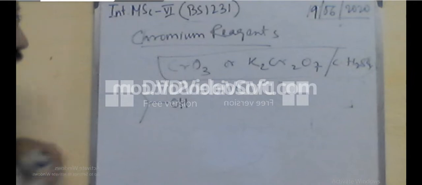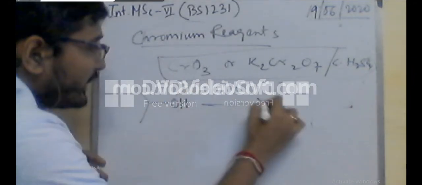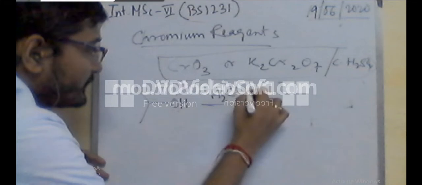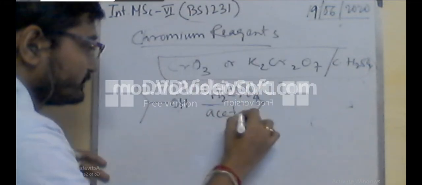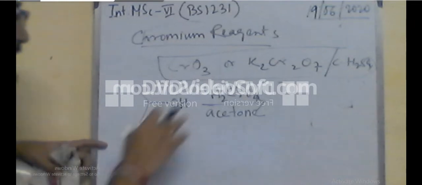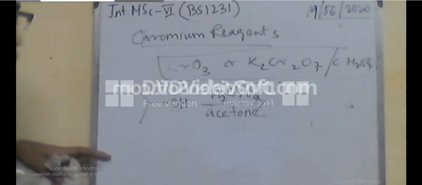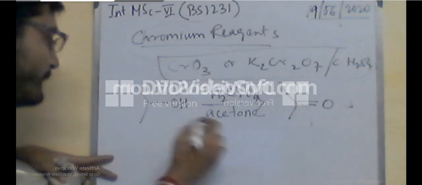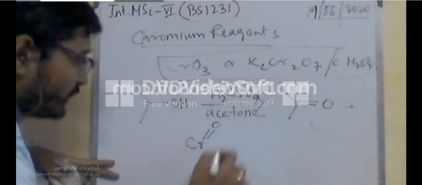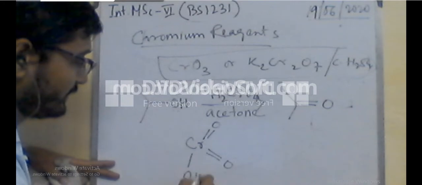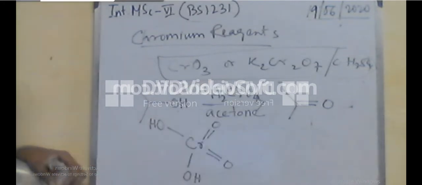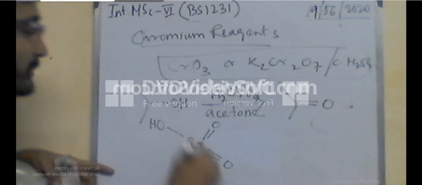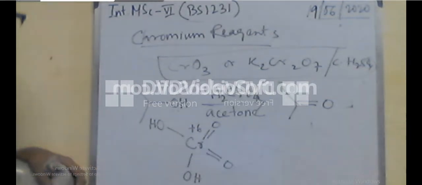Now how does the reaction proceed? The mechanism is like this. We write the chromic acid like this. Here you can see that the oxidation state of the chromium is +6, the highest oxidation state, so it has the ability to reduce itself. It has an electron deficiency, so it will try to accept electrons.